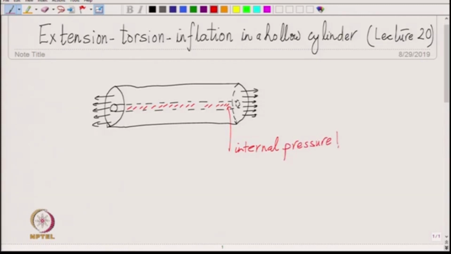So, you see that this pressure acts on the inner surface of the cylinder.